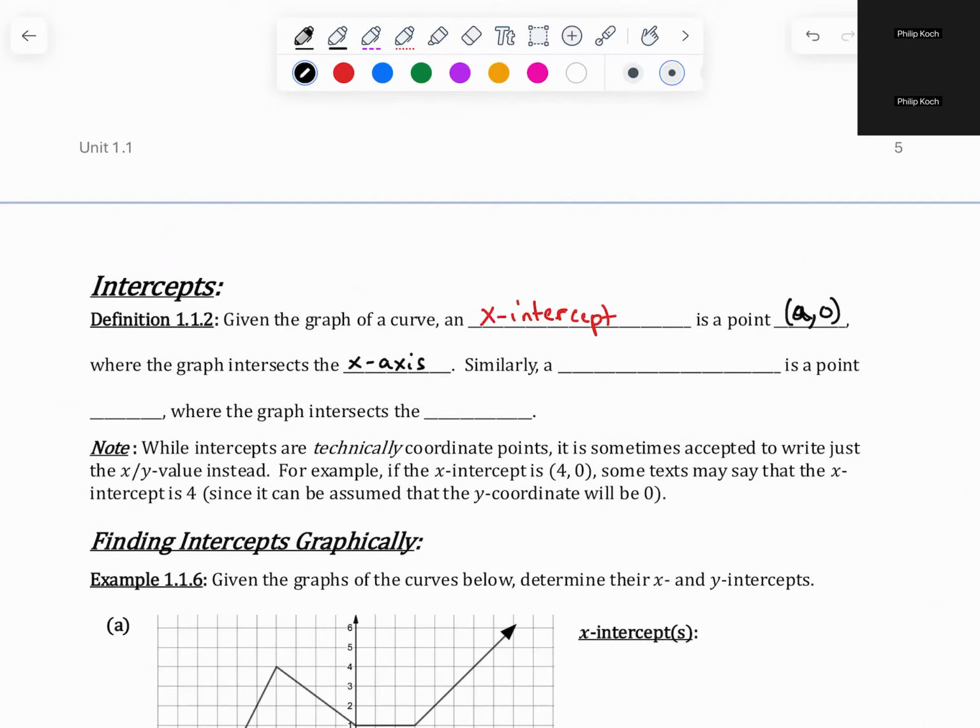If it's a point a comma 0 that has an x coordinate of a and a y coordinate of 0, it's going to be on the x-axis. Hence, that's where it goes through it. So a graph of a curve has an x-intercept if it crosses through the x-axis. Similarly, a y-intercept is a point 0 comma b where the graph intersects the y-axis.